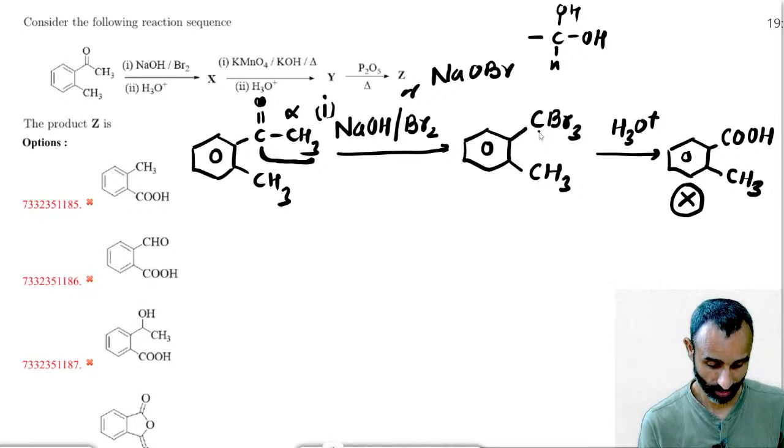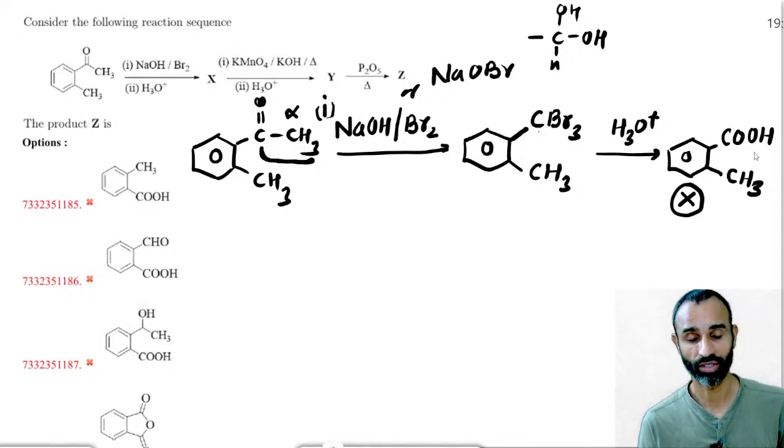CHBr3, so one group gets attached here. It first gives COONa, and on hydrolysis it will give COOH.